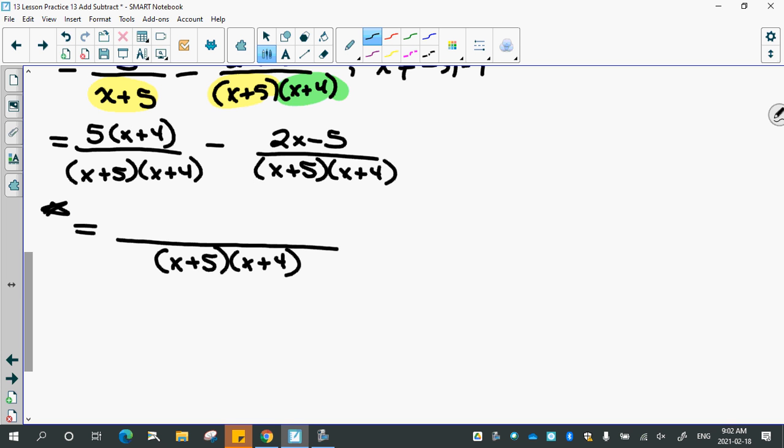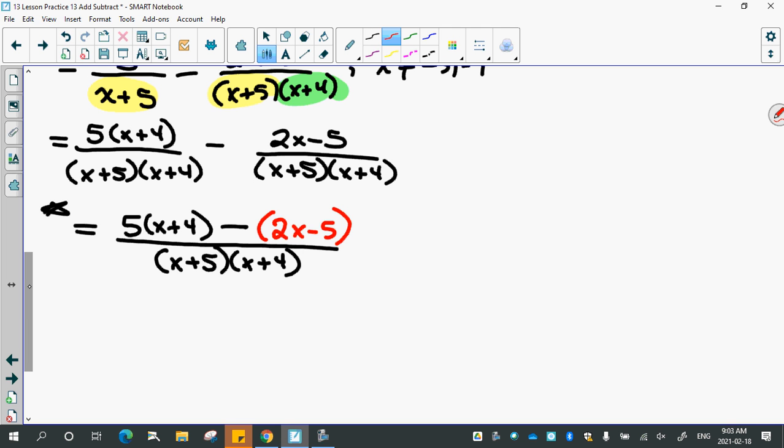So the next step says to add or subtract the numerators over the common denominator. So 5 times x plus 4, subtract, I want to subtract 2x minus 5. How do I show that? Yep, put brackets around it. Love it. If I forget the brackets, it's going to look like I'm just subtracting the 2x and ignoring the minus 5.